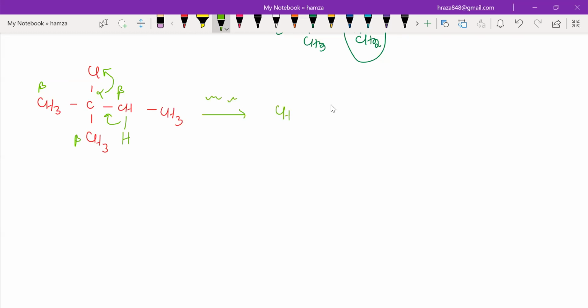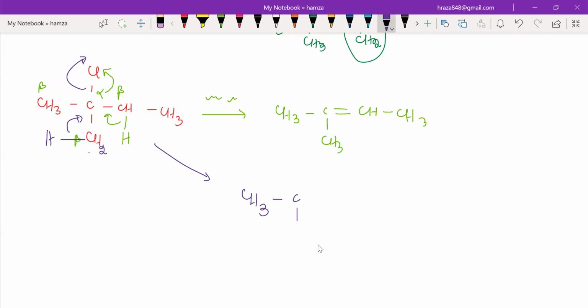In presence of that, this will be C, and then CH3 will be here, and then double bond, and then CH, and then CH. Now, with another color, I am going to represent this. You can see this is CH2 and this is hydrogen. So what happens here, chlorine will be eliminated and hydrogen's bond will be like this, and we will have CH3 and then C, double bond CH2, and then CH2, and then CH2.